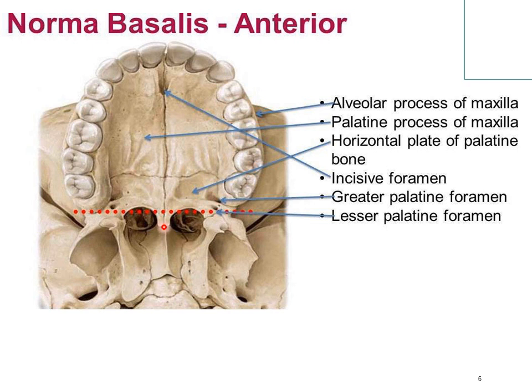So this is the posterior nasal spine. What you have to remember here is that the posterior border of the palatine bones is free, and in the midline you have a projection which goes backwards and forms the posterior nasal spine.